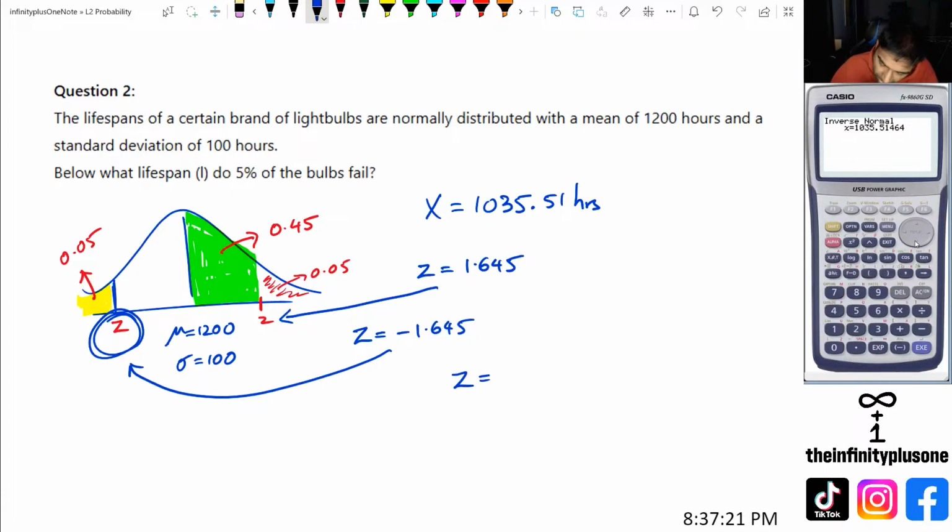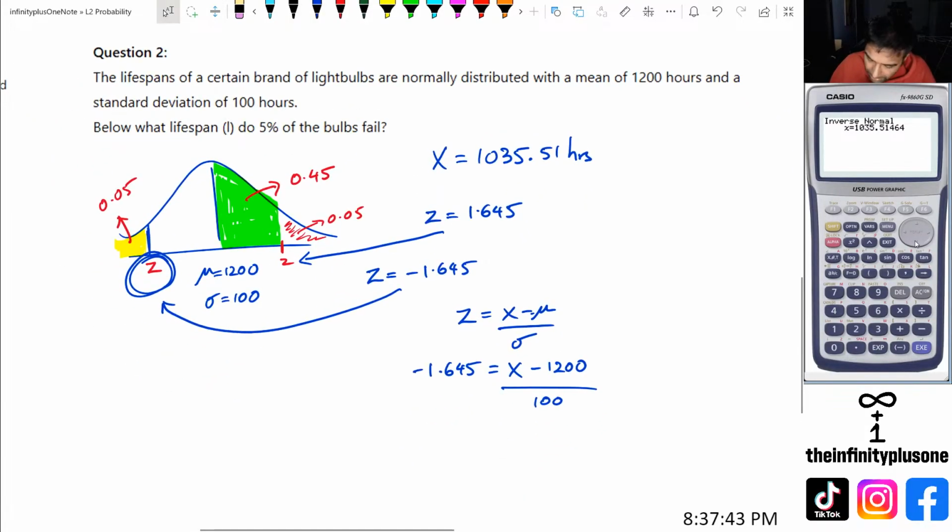So we've got the formula Z equals X minus mu over standard deviation. So you've got negative 1.645 equals X minus the mean, which is 1,200, divided by 100. Next, I'm just going to cross multiply this.